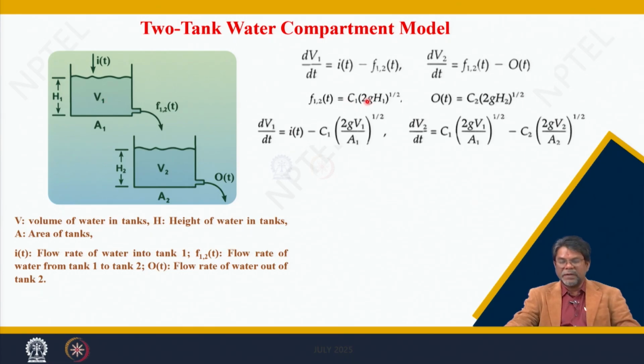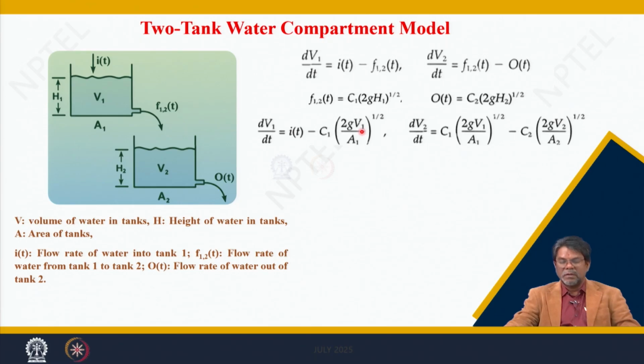And we can represent this: dV1/dt is equal to the inflow I(t) minus F1→2(t), which is C1 times the square root of 2gH1, and H1, the height of the water, is equal to volume by area, V1/A1.